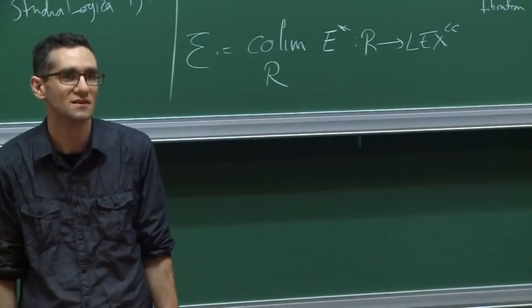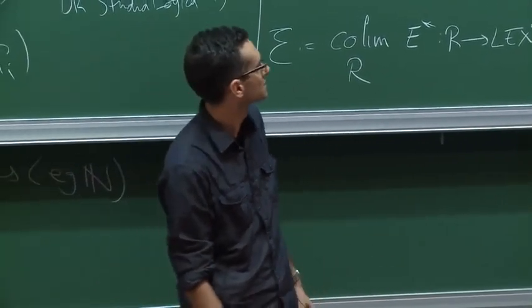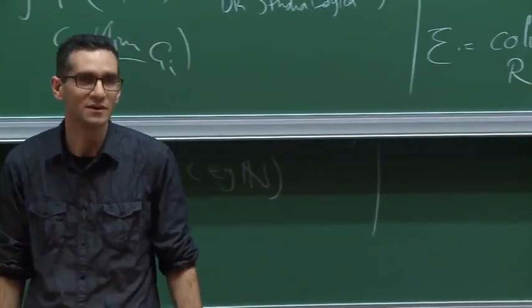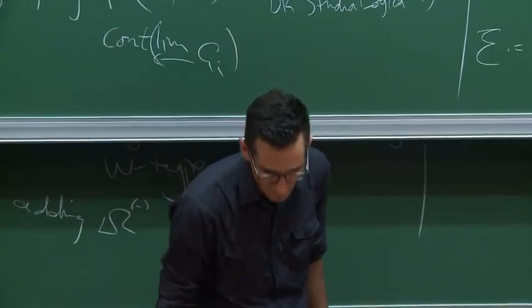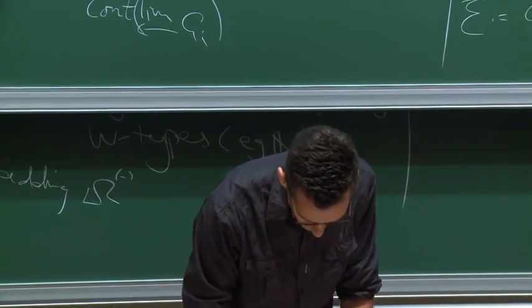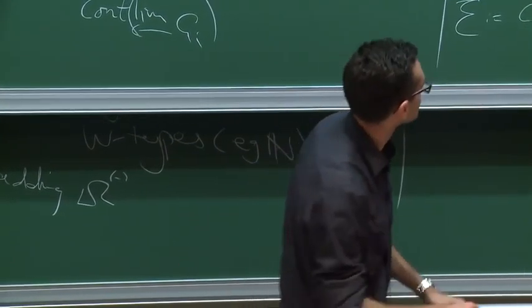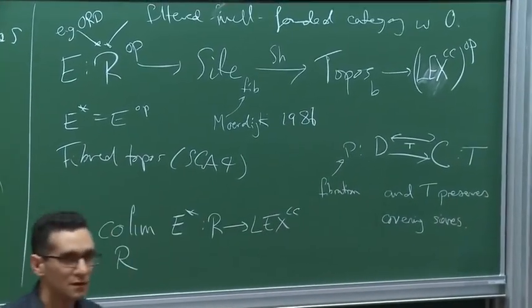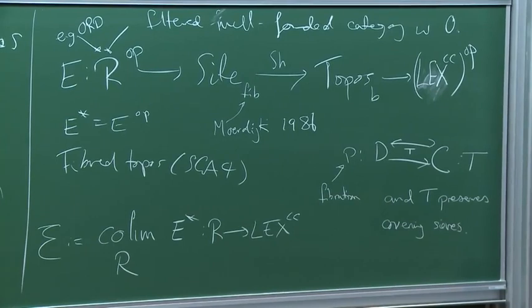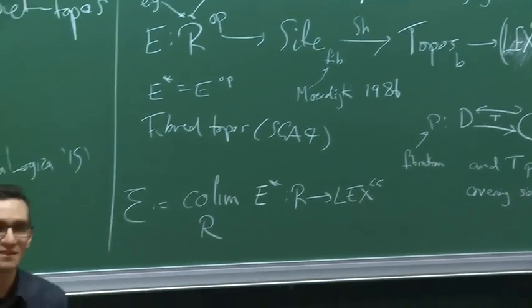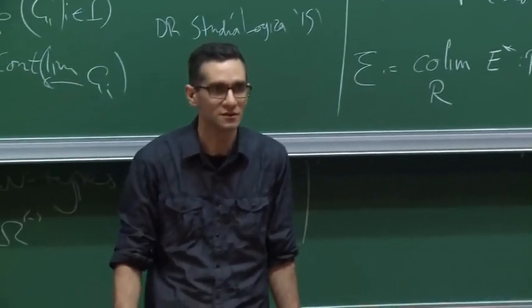So it's in the Elephant and Moerdijk's paper from 1986. This is a very nice notion, and it's only in his paper and in the Elephant, and the Elephant doesn't elaborate on his paper. So I think it should be pushed more because it's quite a useful technique.